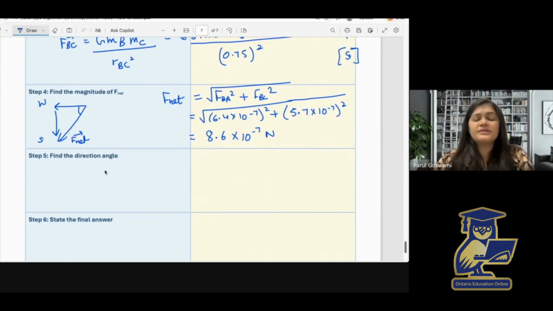Now, to find the direction, we can determine the angle. So we are going to use trigonometry, the tangent ratio. Tan theta equals, as you can see, this is the angle that we need to find, which the resultant is making. So tan theta equals the vertical component over the horizontal component.